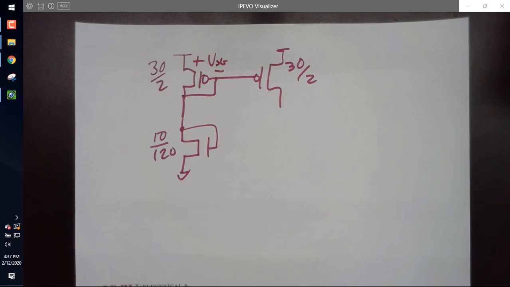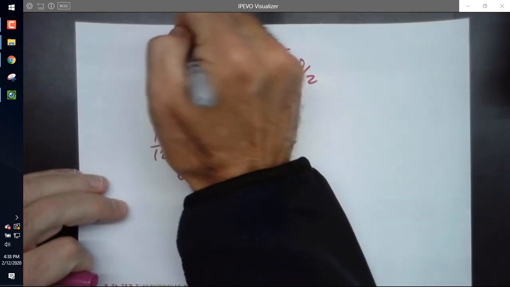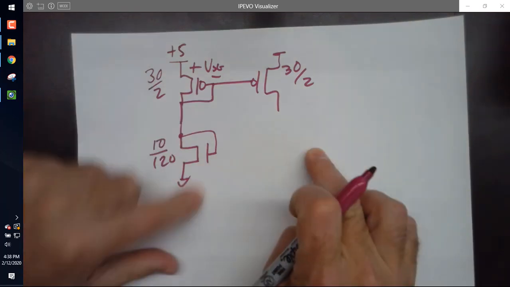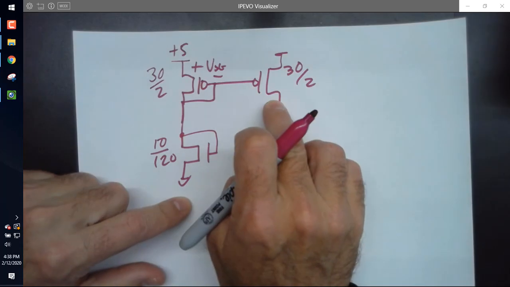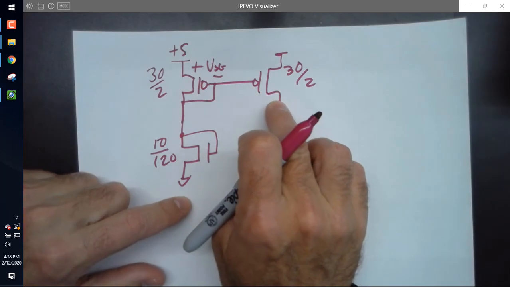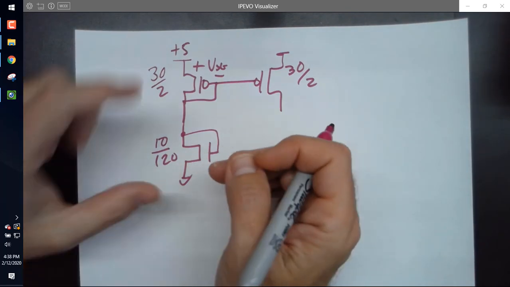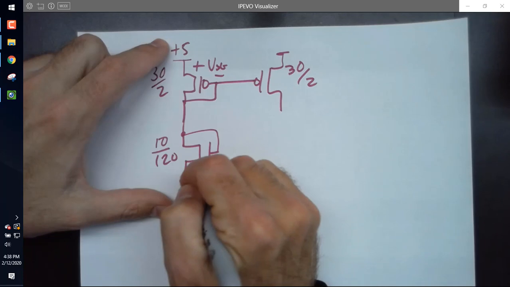Okay, so now I need to calculate, and let's just use 5 volts here, what the current flowing in this is. And then once I've got the current flowing in here, what's the current flowing in here? Same thing, because it's a current mirror. Okay, so tell me how to approach this to calculate the current.